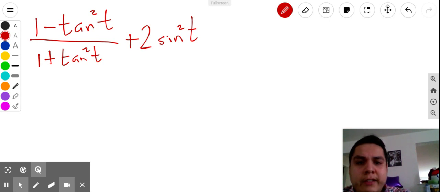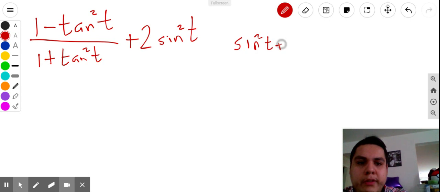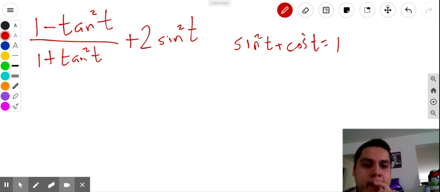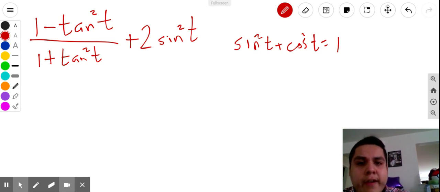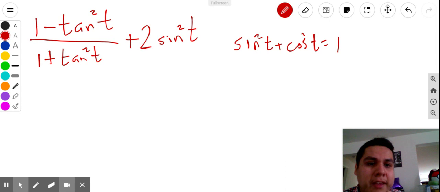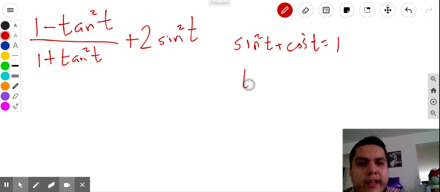So I know that sine squared plus cosine squared should equal 1. And going back to what I was doing yesterday where I explained how to get it, if I divide everything here by a cosine squared, I could get tangent squared plus 1 equals secant squared.